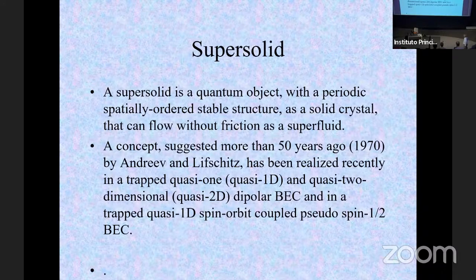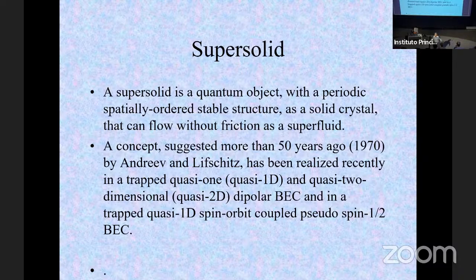A supersolid is a quantum object which is periodic and ordered, spatially ordered, stable structure as a solid crystal that can flow without friction. This concept was suggested by many authors.